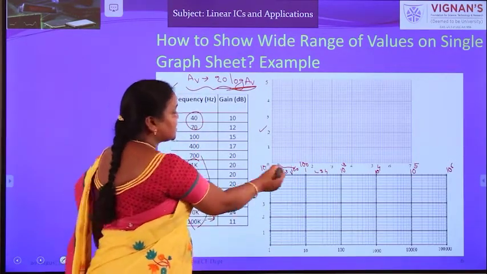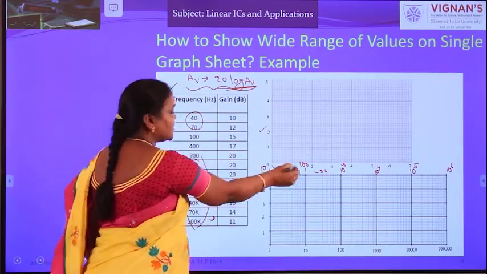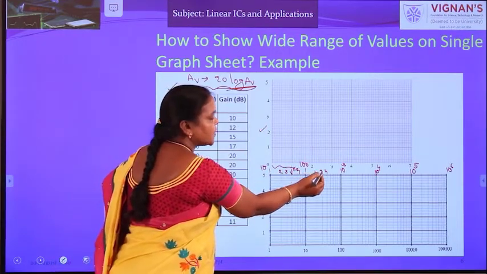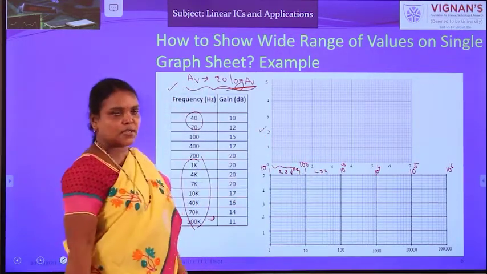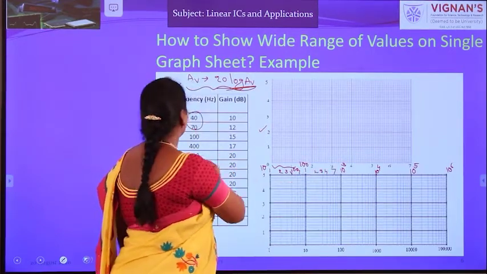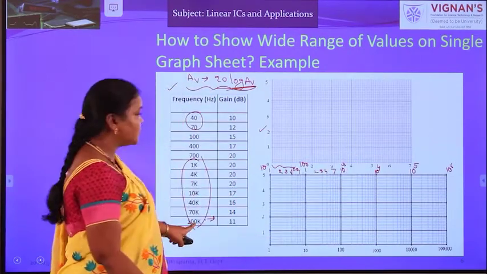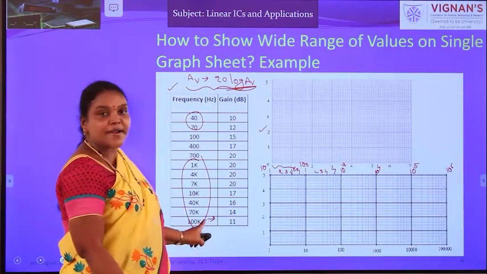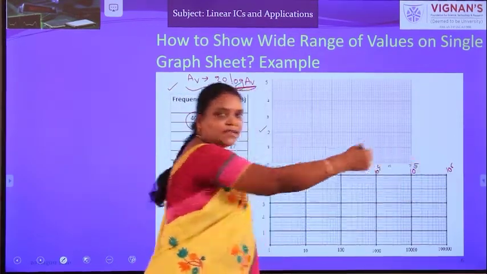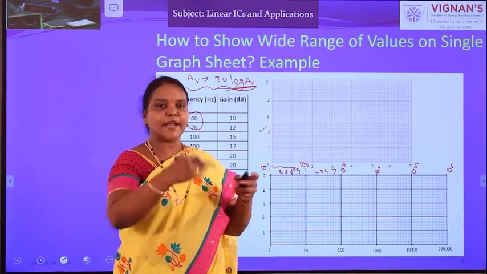Next 70 means here you will get 7, so that is 70. Next 100 means this. Next 400 means this, 100 then 200, 300, 400 like that. So this is 400. Next 700. Next 1K, this is 1K, 4K, like that you can accommodate up to 100K. So this is 100K. Even some scale is unutilized, that is you can increase up to 10 more fold also.